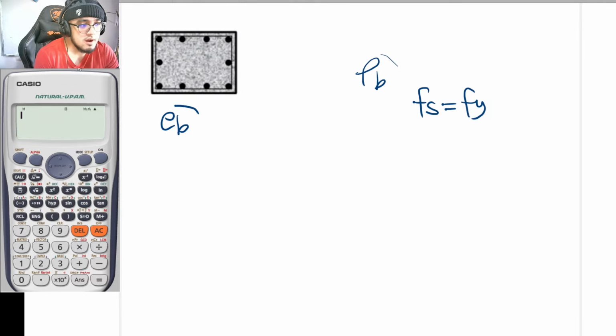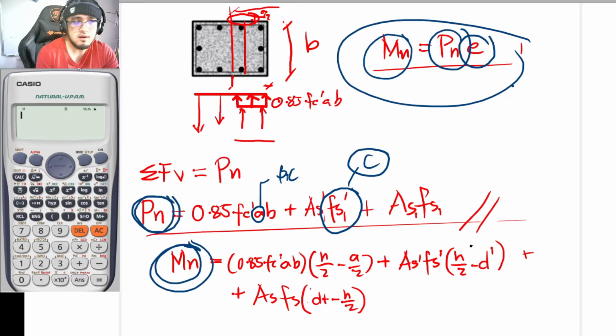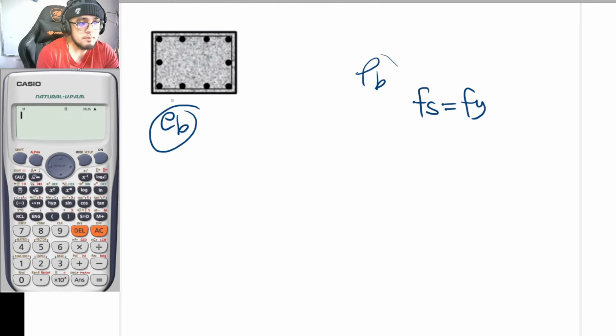So how can we solve for our e-balance? If we are assuming C, then for e-balance we would be solving for c balanced. How can we solve for c balanced?